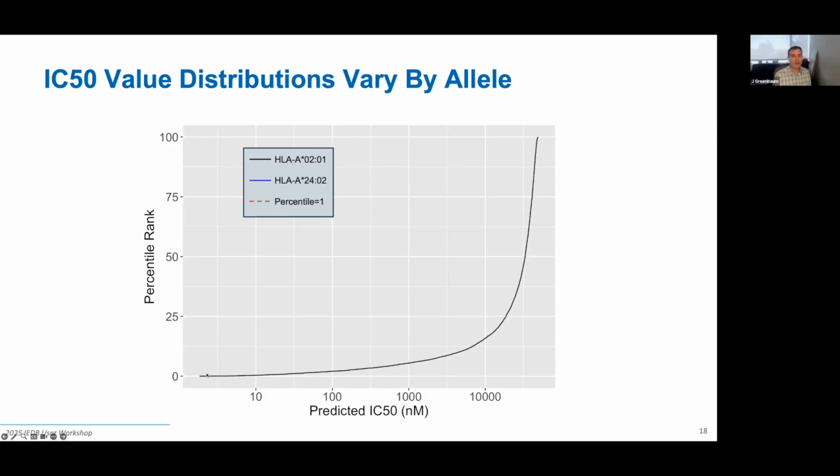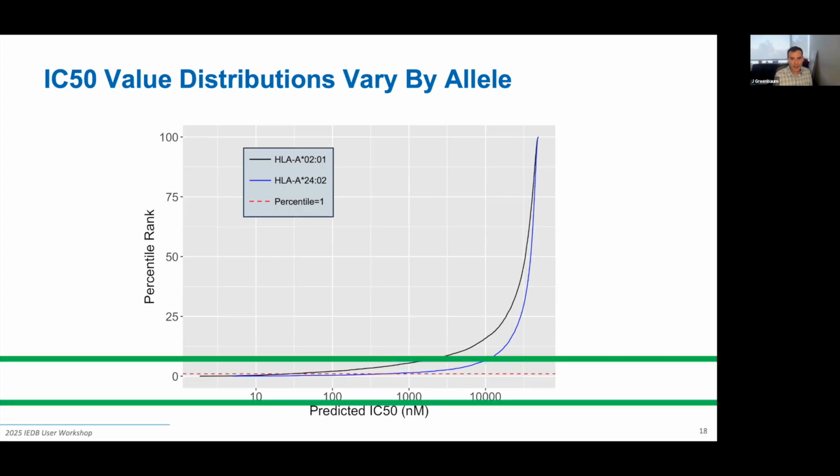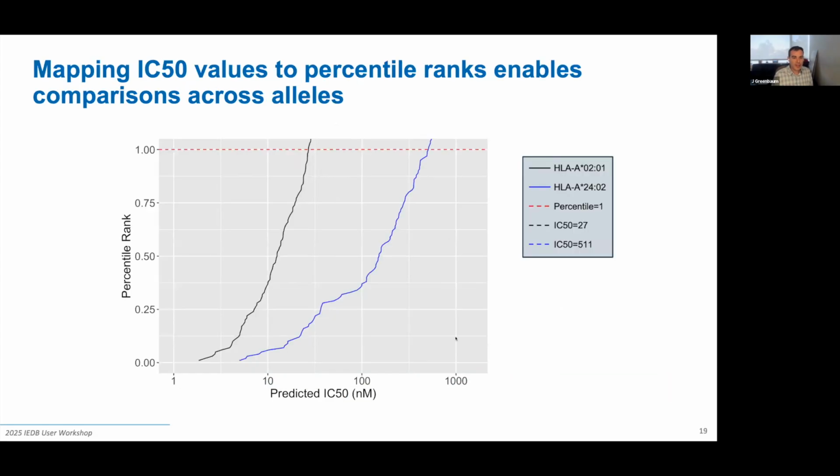So a low IC50 is high affinity to low affinity. And if we compare that to a different allele, so HLA-A2402, we can see that this distribution is shifted way over to the right.